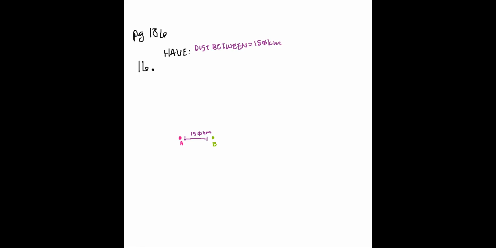And ship A, I know, is sailing east, and that is going at a rate of 35 miles per hour, or kilometers per hour. I'm just going to draw an arrow.